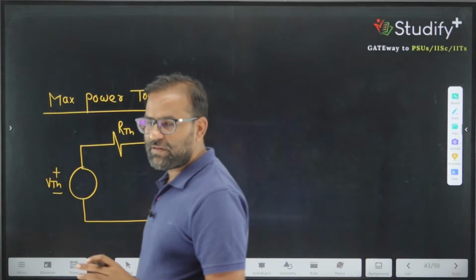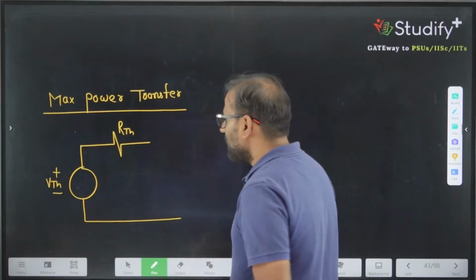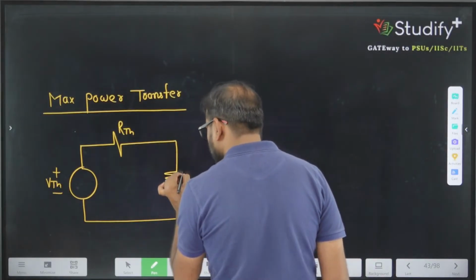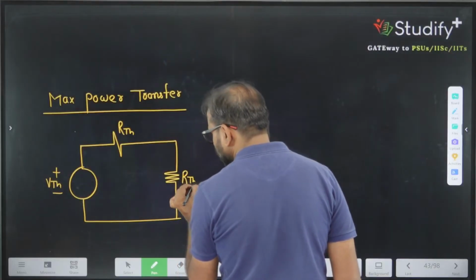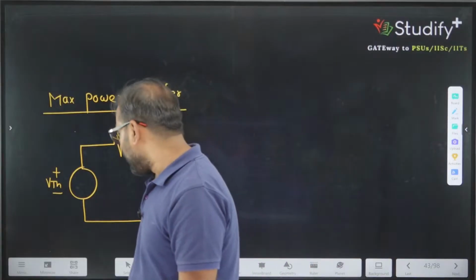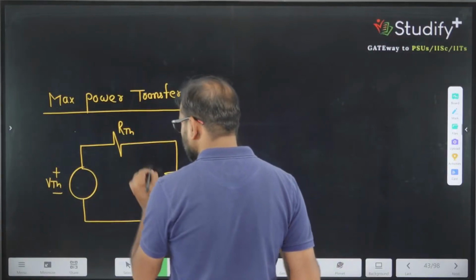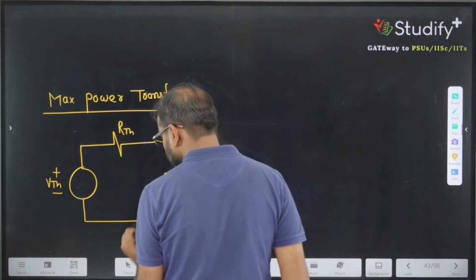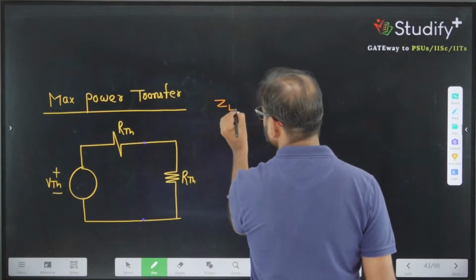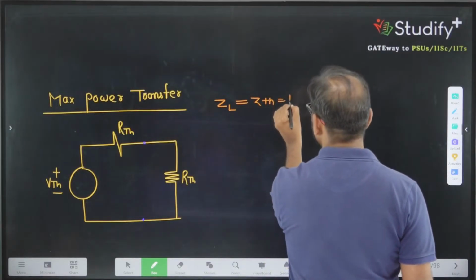Maximum power transfer is all about the choice of load, not the choice of this network, which is given. So what should be the value of the load so that maximum power can be transferred? This value should be RTH. Once you know the value of Thevenin's equivalent, you can find the value of ZL responsible for maximum power transfer. So the value of ZL is given by ZTH or RTH.